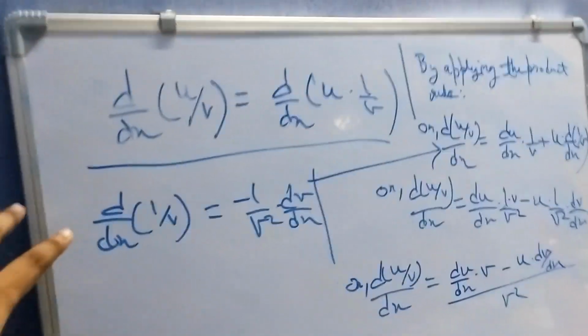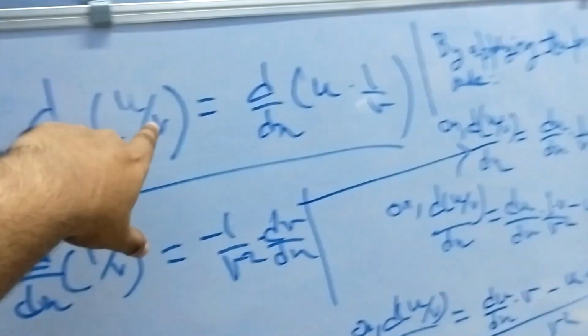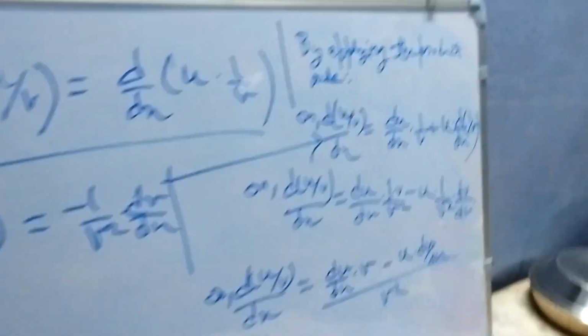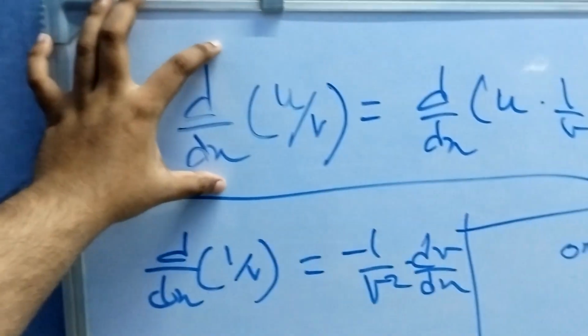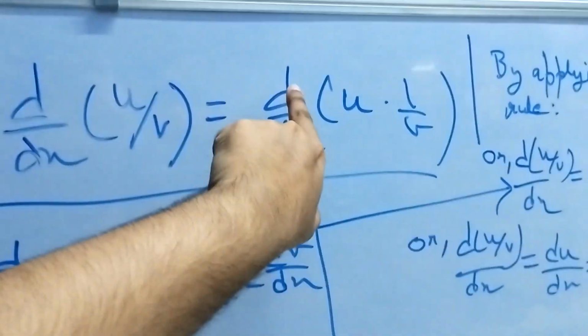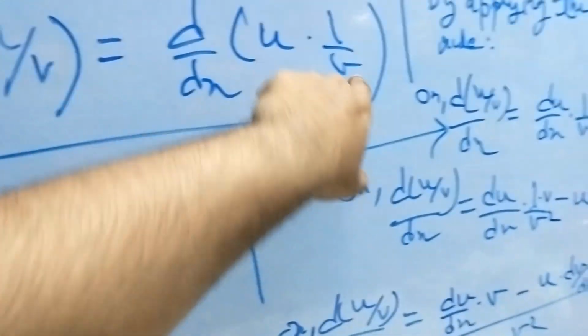As I told you, the quotient rule itself is a special case of the product rule. So how can we define it? We can write d/dx of u by v equal to d/dx of u multiplied by 1 by v, the reciprocal of v.